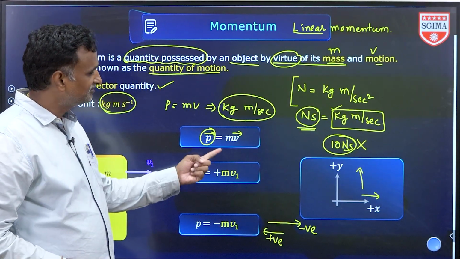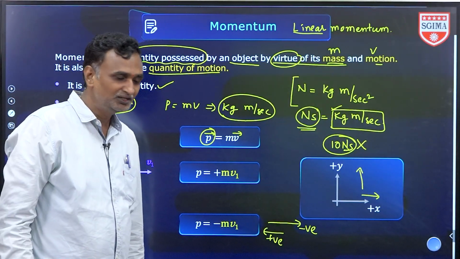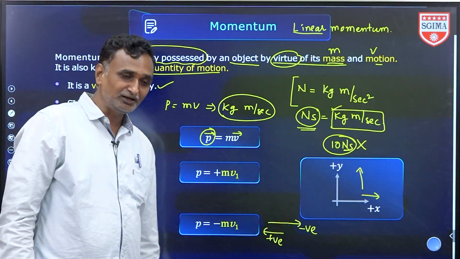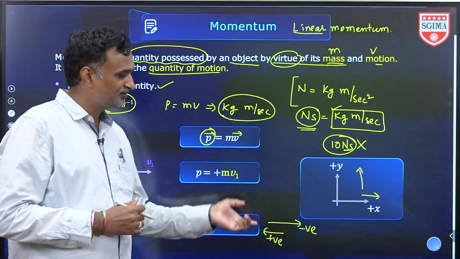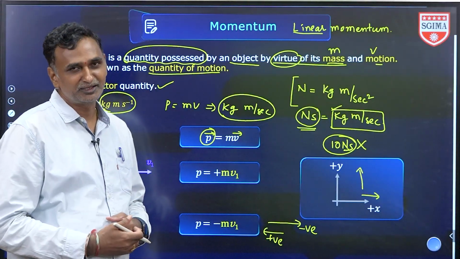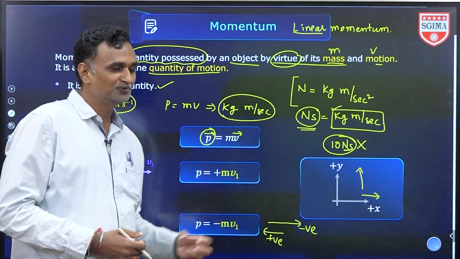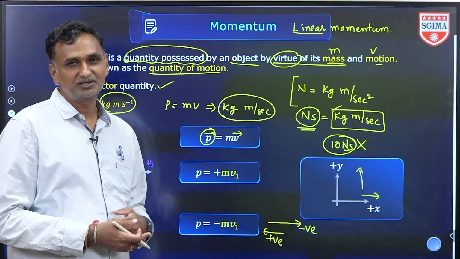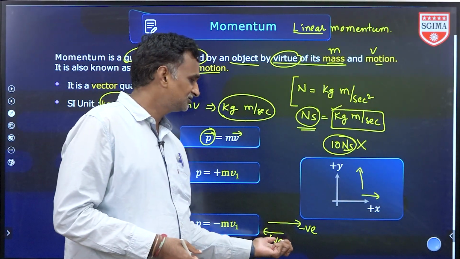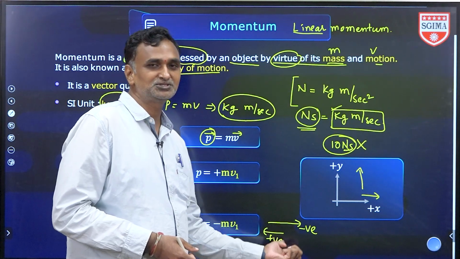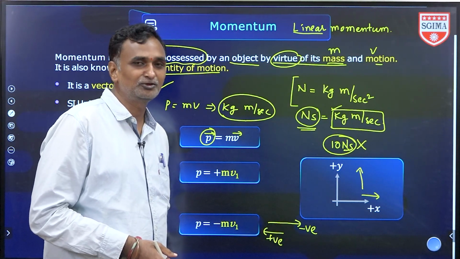Then their symbols will be exchanged. But you should be aware of the sign convention you have taken. Depending on that, the final answer comes with plus or minus. So that explains in which direction the quantity is actually changing. This is an additional part where we can mostly use the sign convention in numericals.